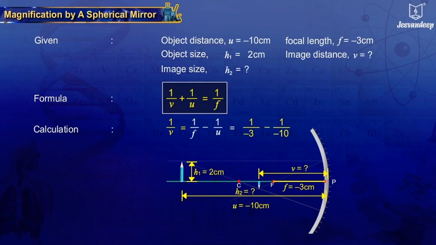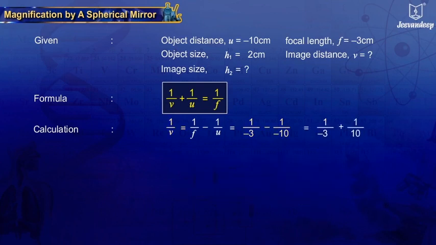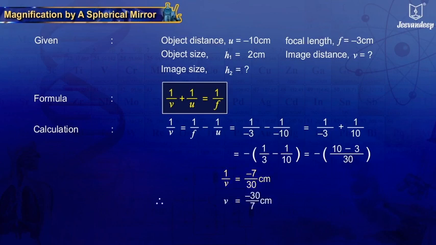Calculating this, we get 1/v = -7/30. Therefore, v = -30/7. Therefore, v = -4.29 centimeters.